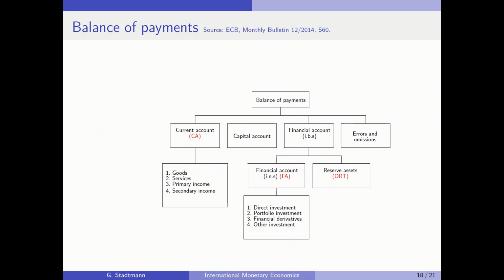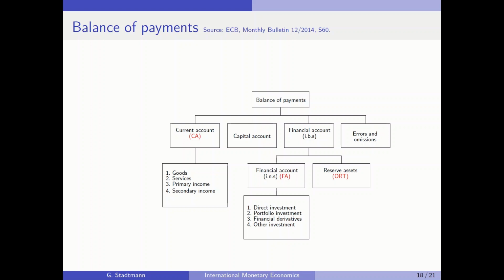In case that the economy is exporting or importing services, the second sub-account of the current account will be addressed. The third sub-account, primary income, will be addressed in case that one domestic person is holding stocks or bonds from abroad and is receiving factor income in form of dividends or interest from abroad.